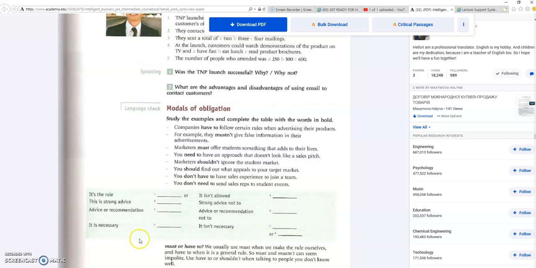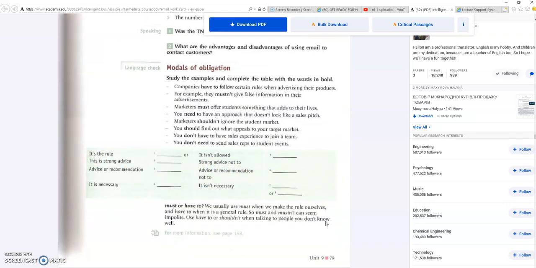And then down towards the bottom on the left of the highlighted box, it is necessary, so you need to. And there are other strong advice. What is that? So try to figure these out on your own and fill in the blanks.